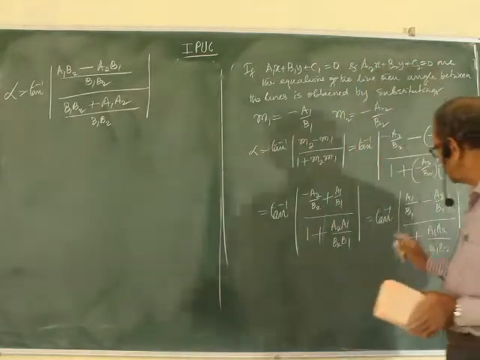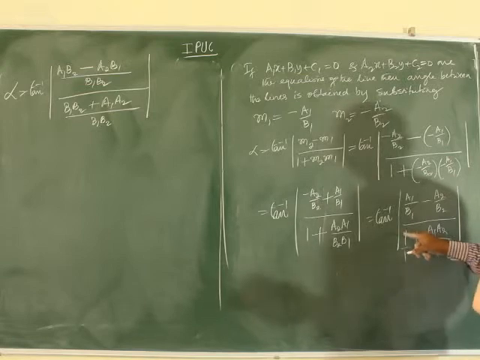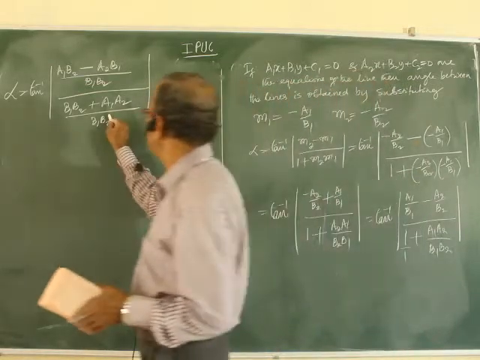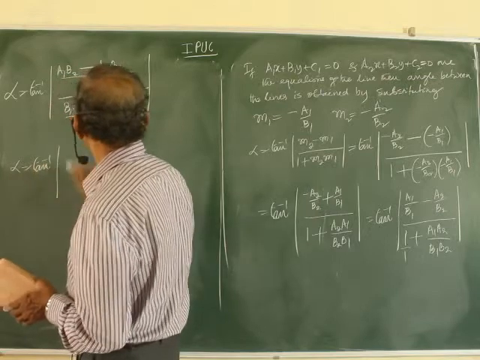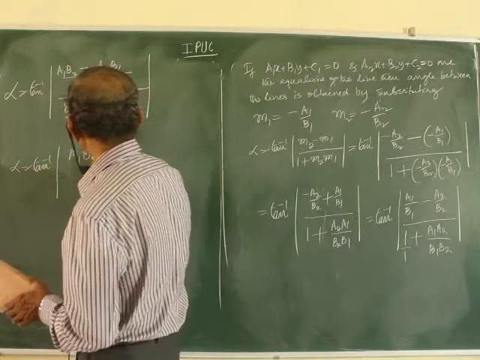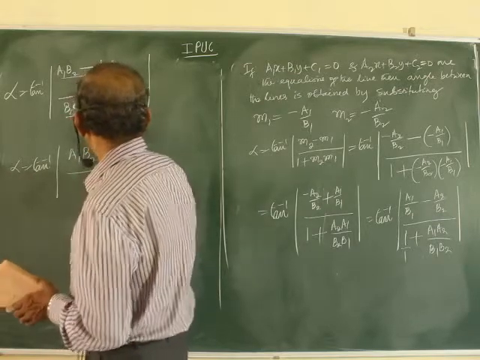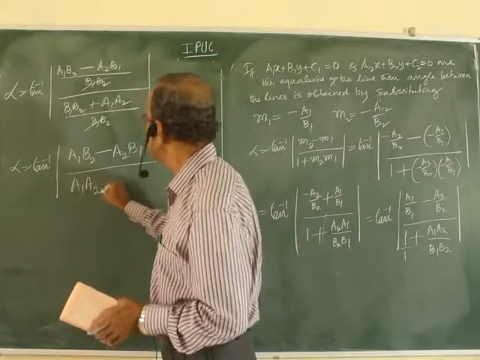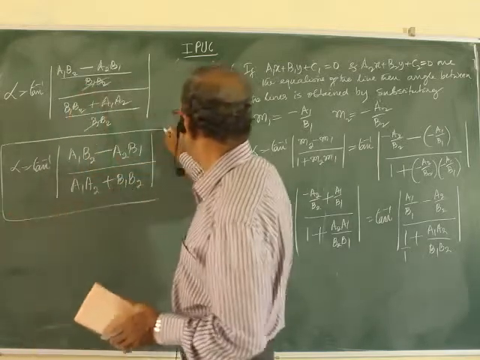Taking LCM, cross multiply: a1 b2 minus a2 b1. Here also the denominator 1 is there, b1 b2 into 1, 1 into a1 a2. Cancel the common denominator. You get alpha equal to tan inverse of a1 b2 minus a2 b1 divided by a1 a2 plus b1 b2. This is another formula to find alpha.